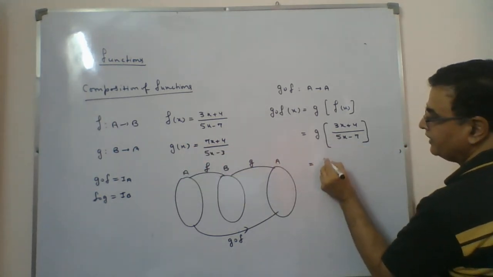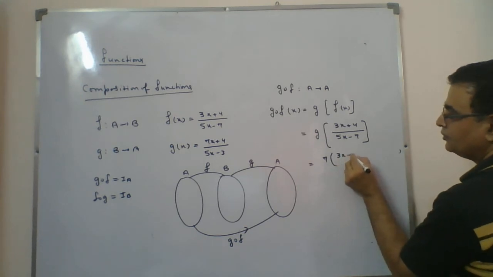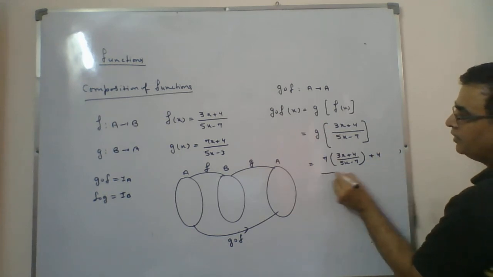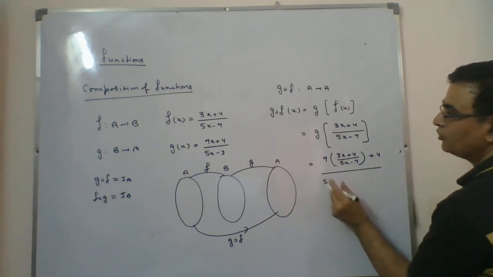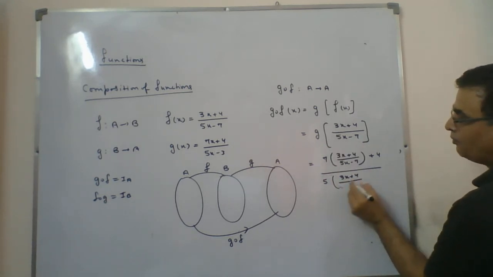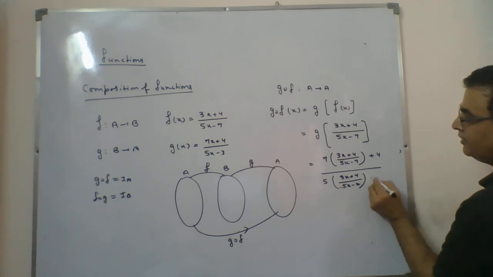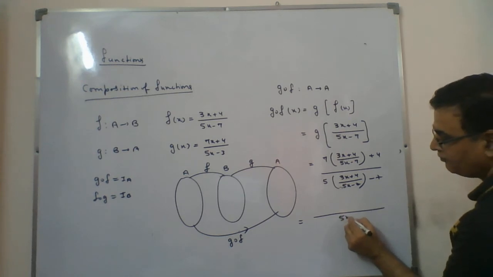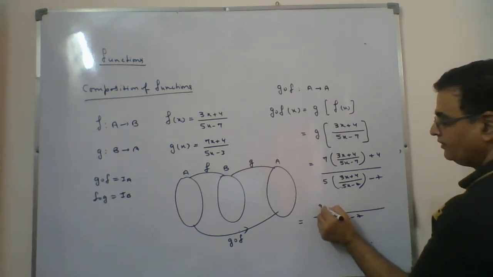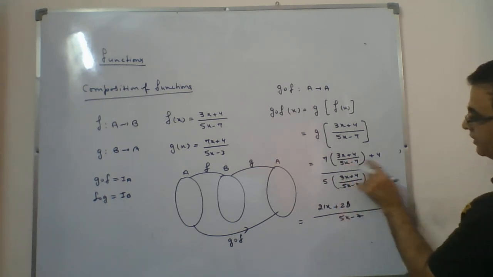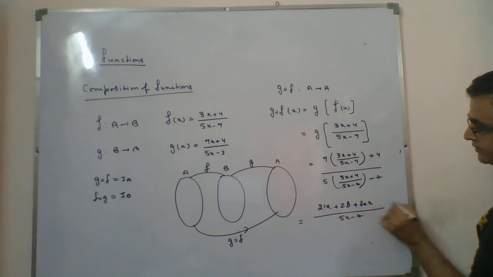So I should write this as 7 times (3x plus 4) by (5x minus 7) plus 4, by 5 times x, x will be this again, (3x plus 4) by (5x minus 7) minus 7. Or when you solve it, it will come out to be 5x minus 7, 7 3s are 21x plus 7 4s are 28, then plus of 20x and then minus of 28.